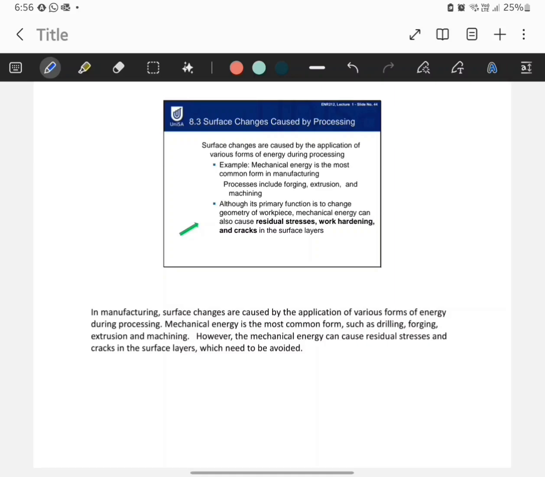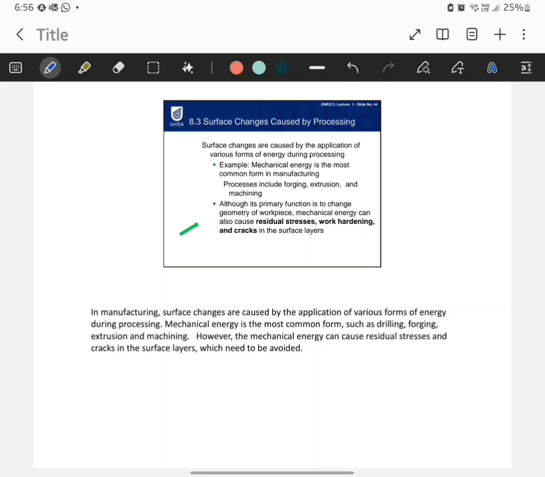This slide focuses on changes that can happen to a material surface during processing, especially when using mechanical energy. I will explain how this effect can sometimes lead to unintended results like residual stress or cracks. In many manufacturing processes, applying mechanical energy is essential for reshaping or cutting.